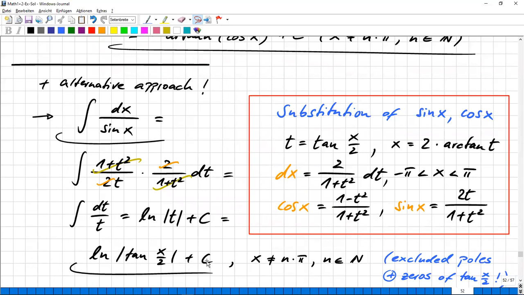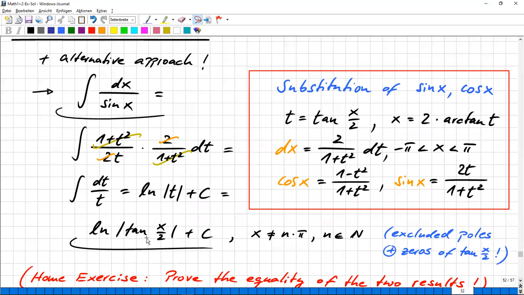Interestingly, this takes a little time to check, but take your time to do so. This function has exactly the same domain as the one found before, where x is unequal to multiples of pi. Remember the gaps of the tangent function are the odd multiples of pi over 2.